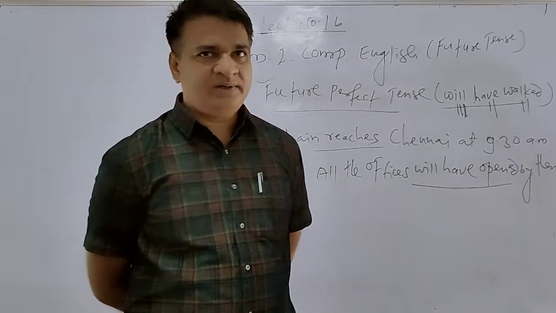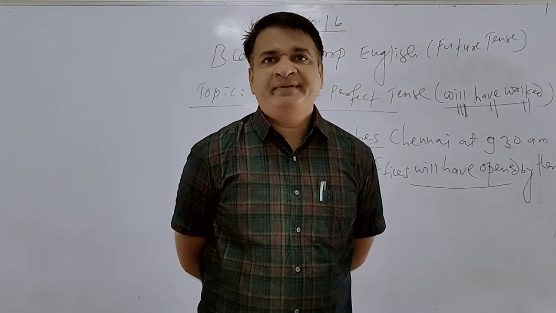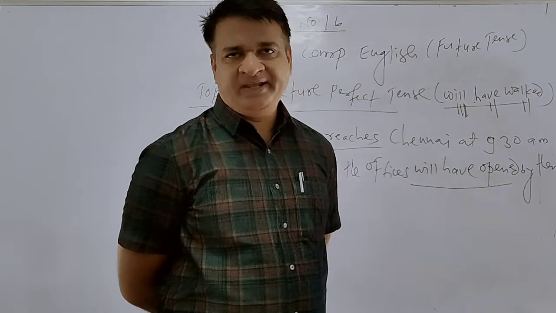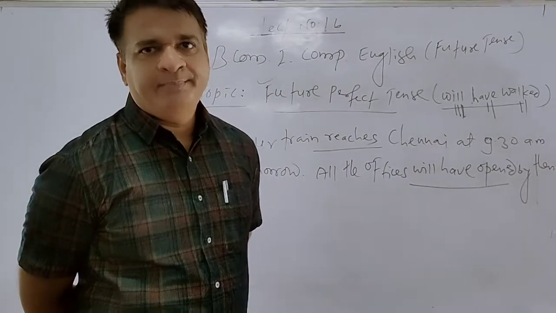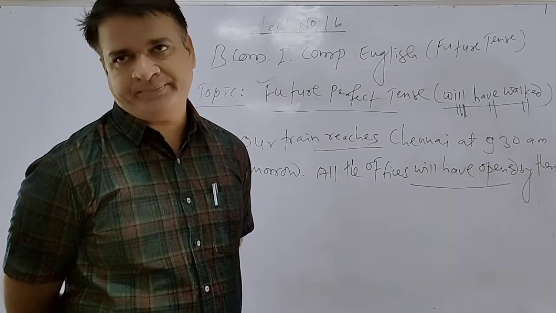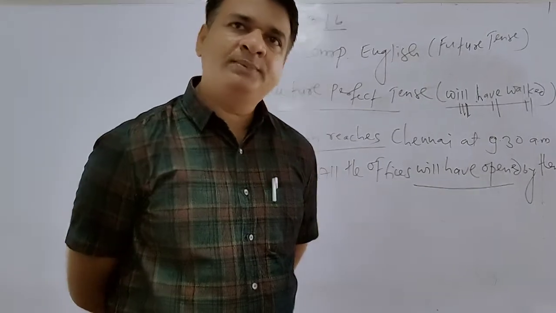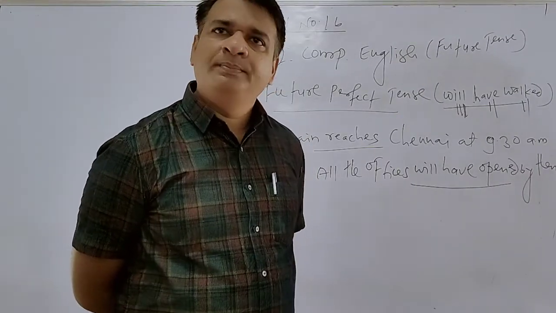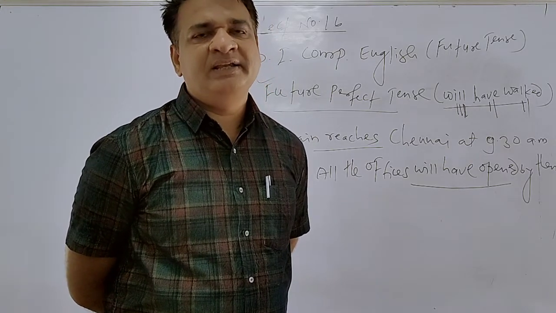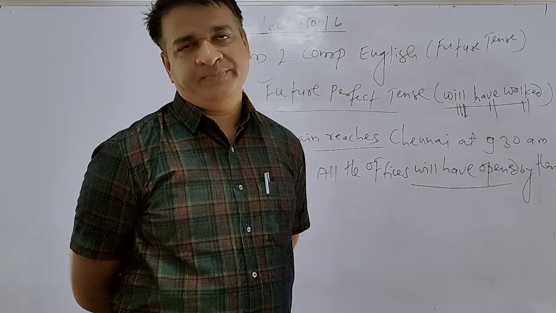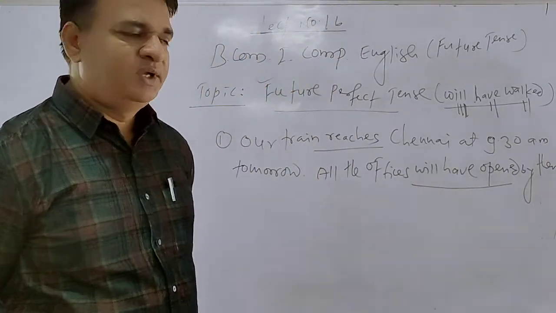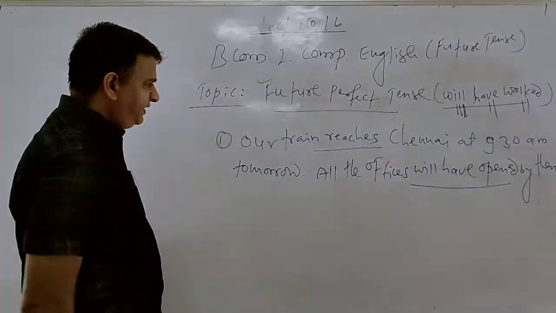At the same time, if I say, when I reach college tomorrow at 11 a.m., at that time my office will have been cleaned by the staff. मैं कल ऑफिस 11 बजे जब पहुंचूंगा तब मेरा ऑफिस पूरी तरह से क्लीन किया गया होगा. So in this way, tomorrow's action is very well discussed by the future perfect tense.